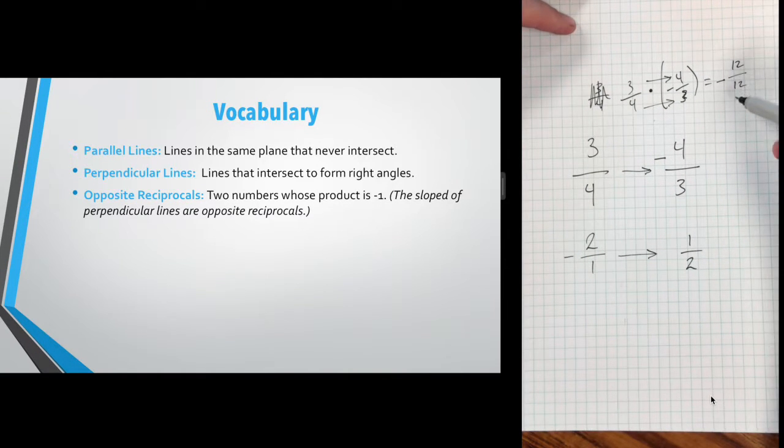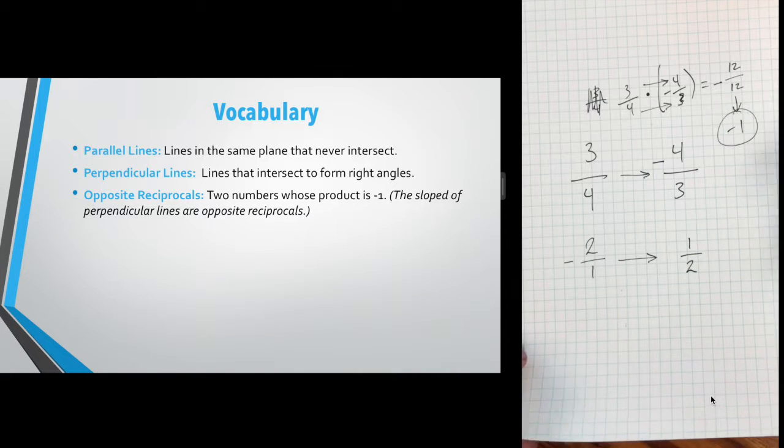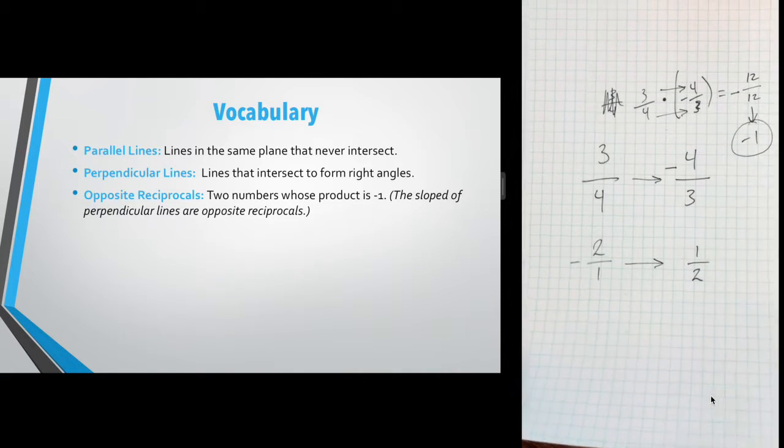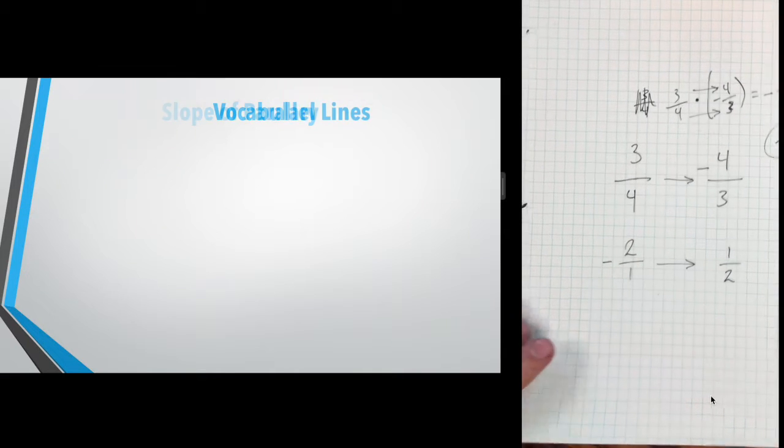Well, negative 12 over 12, that just reduces to negative 1. So that's why they're opposite reciprocals. That's how you know that they're opposite reciprocals. Flip it, switch the sign, and then it should equal -1 when you multiply them. You don't have to do that. That's just the concept, helping you understand how it works. So take a look back at those if you need to. Otherwise, we're going to move on.